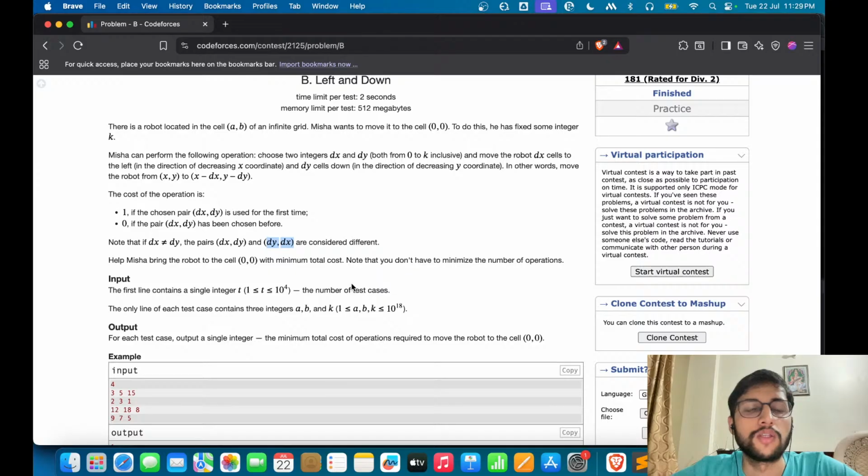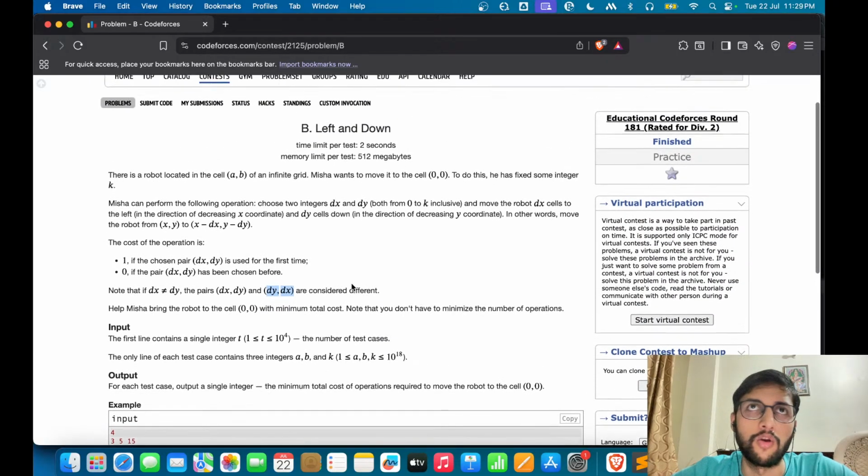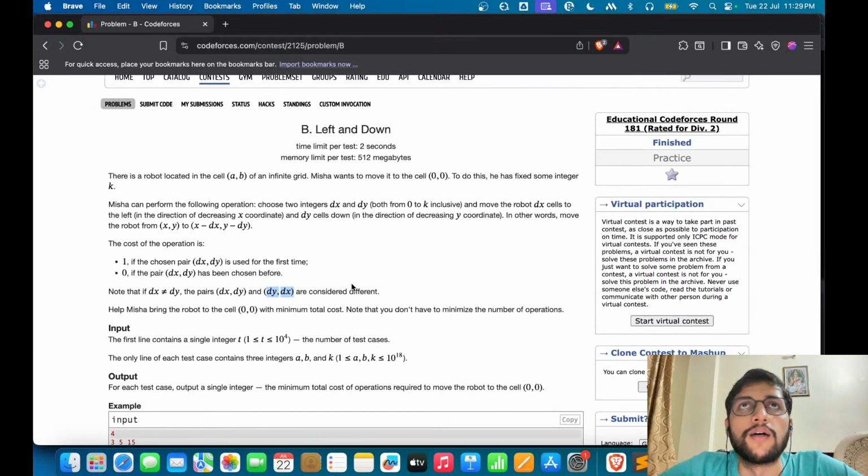Now the solution for this also is not very complex. So the one observation to be made here is, let's say we have A as 4 and B as 8, so what we can do is, let's forget about k first.